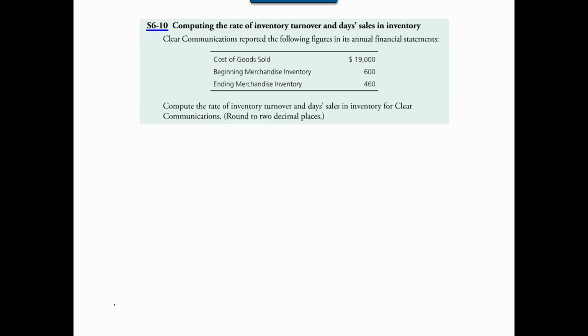So for this one, we're going to calculate both. So inventory turnover is cost of goods sold divided by average merchandise inventory. So cost of goods sold is 19,000. Average merchandise inventory.